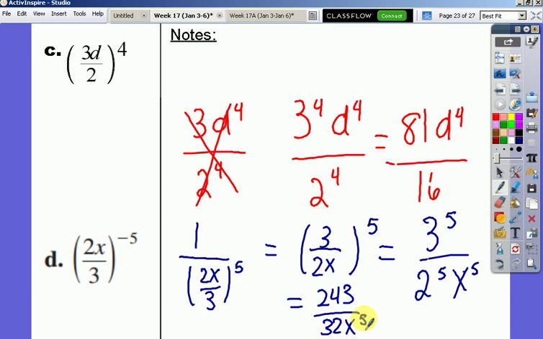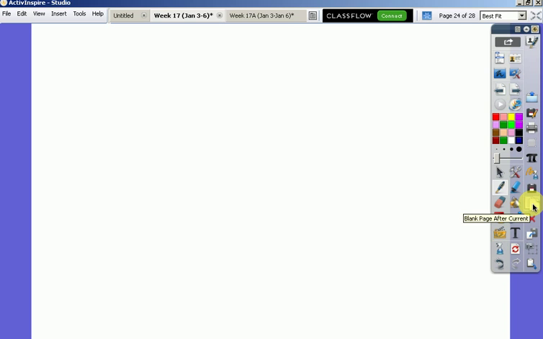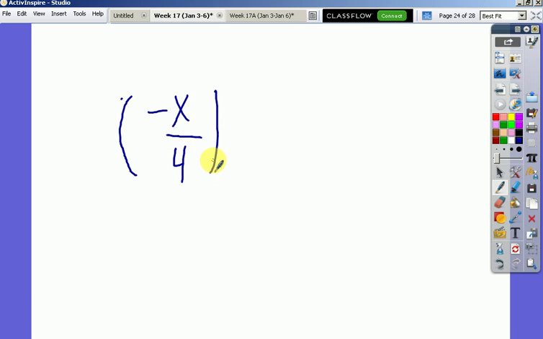Okay, I'm going to show you an extra example here. You can just add this, make it E. Let's say we ask you to simplify something like this. Negative x over 4 squared.